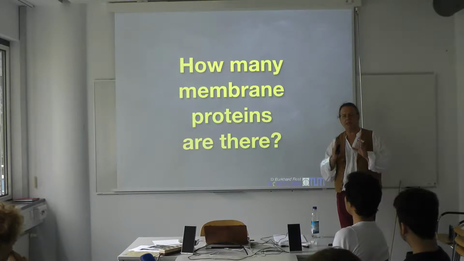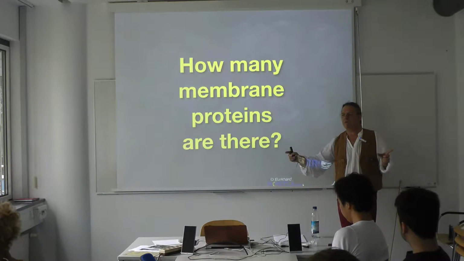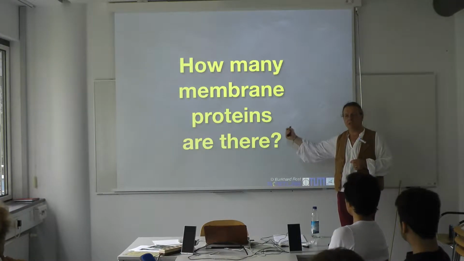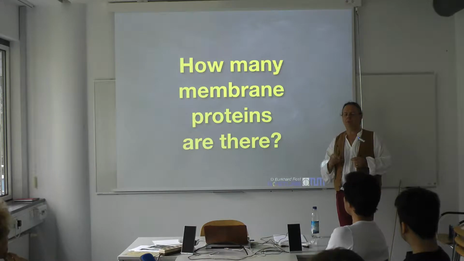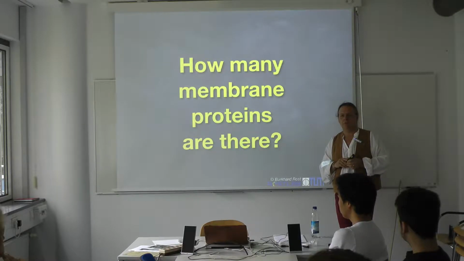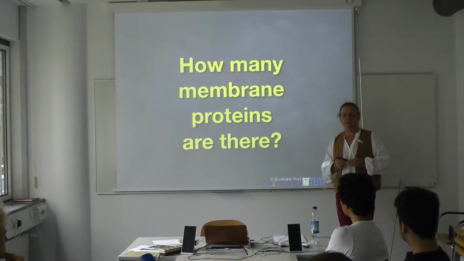You have a method that predicts for every single residue in the protein where the membrane helices are. Now you want to apply that method to establish how many membrane proteins are in human. How would you do that? Let's begin with the simplest thing. Where do you get your sequences for human from? From a database. Can somebody name that database?